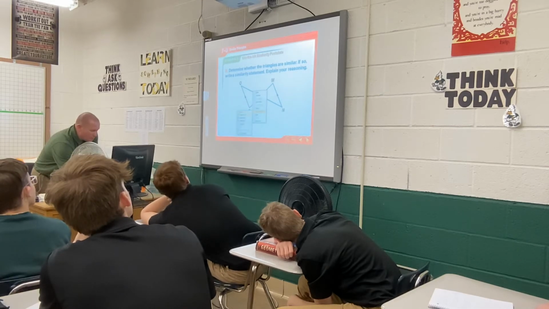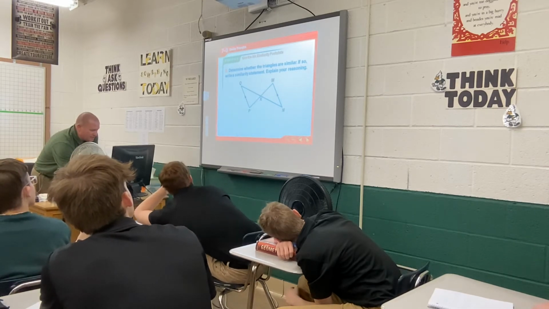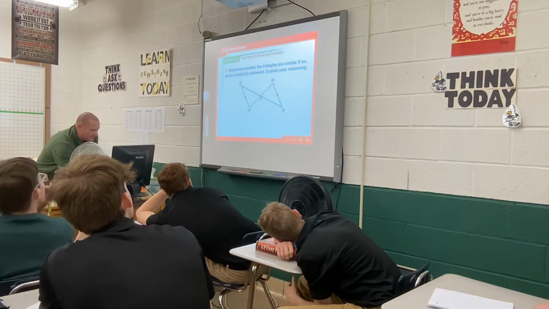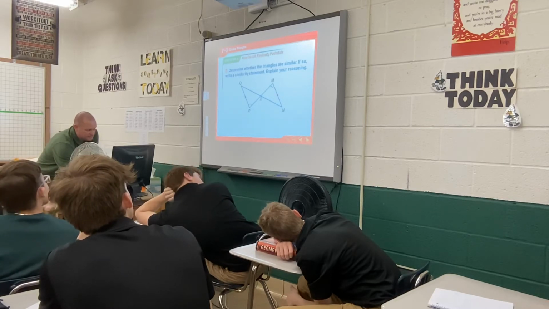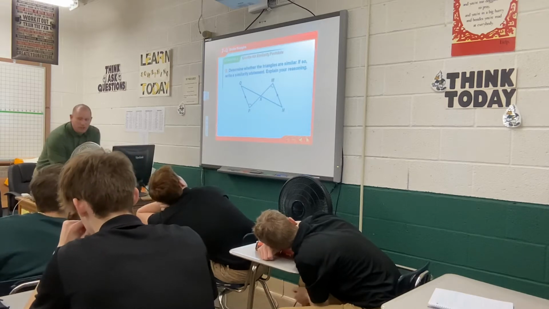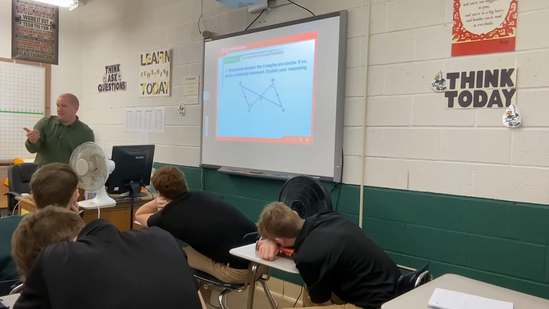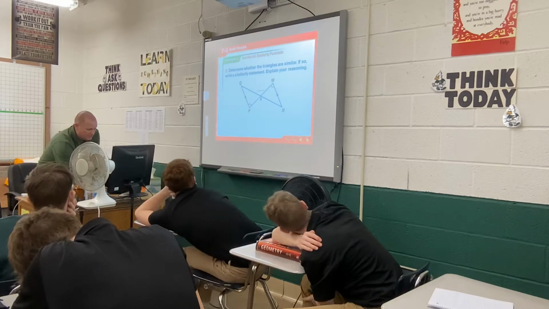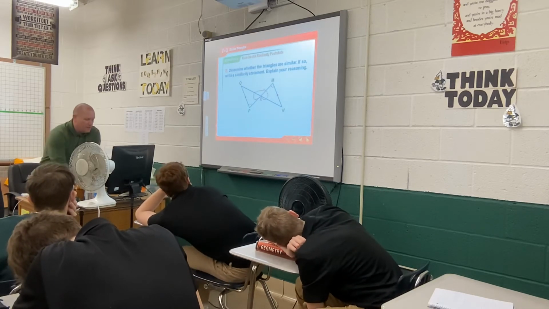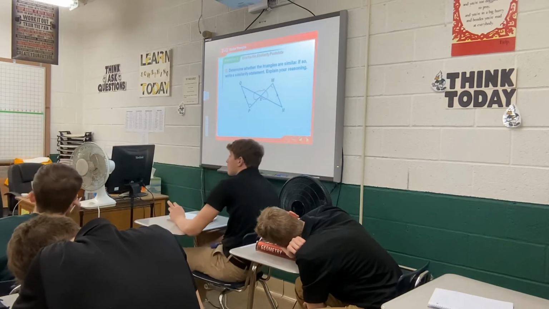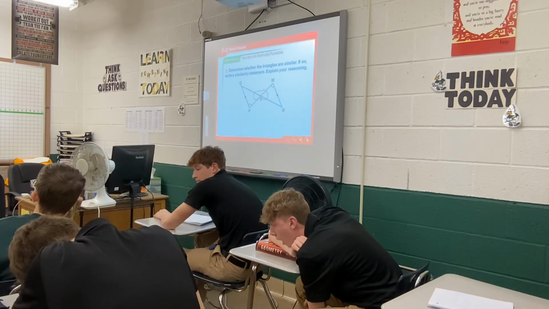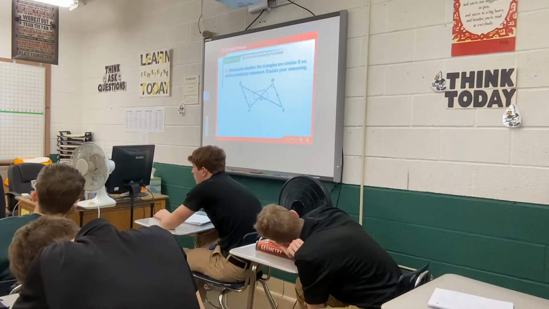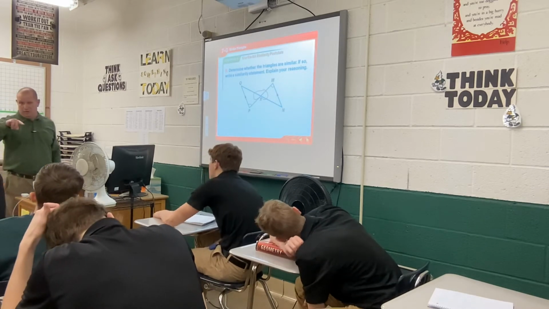Realistically, remember, when you're dealing with alternate interior angles, it should touch the parallel sides and it should touch the transversal. So those two angles right there are congruent, right? And then I could do the other set of alternate interior angles, or I could do these two angles right here, because those two angles would be considered what? Vertical angles. And what is true about vertical angles? They're congruent, okay?